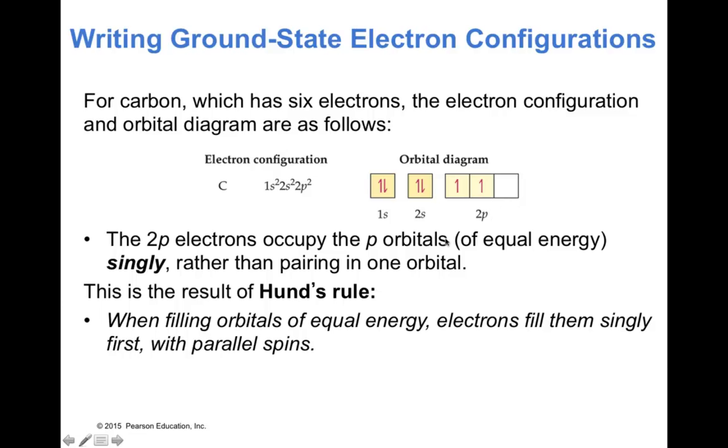Now, when we fill those orbitals, because these 3 subshells have the same energy, we need to put each electron individually first, okay? And then when we don't have any more space, we can pair them. But if we have a space available, we need to put them as single electrons, with parallel spins, all of them pointing up or all of them pointing down.